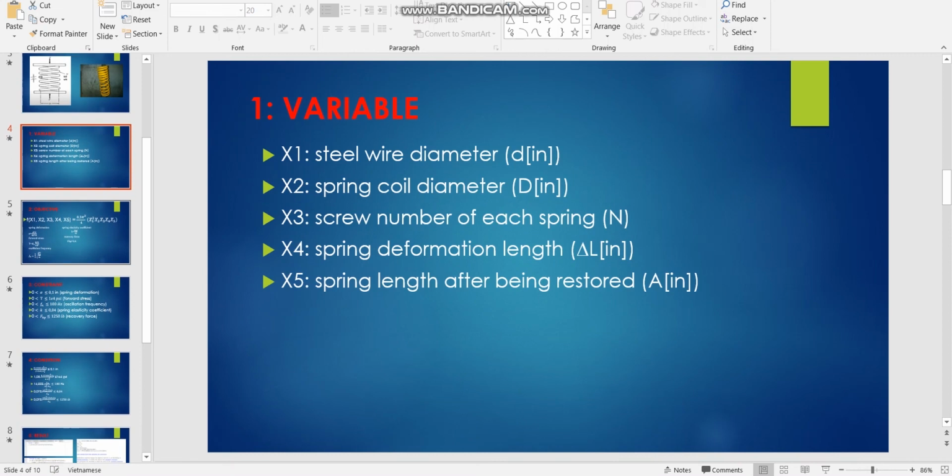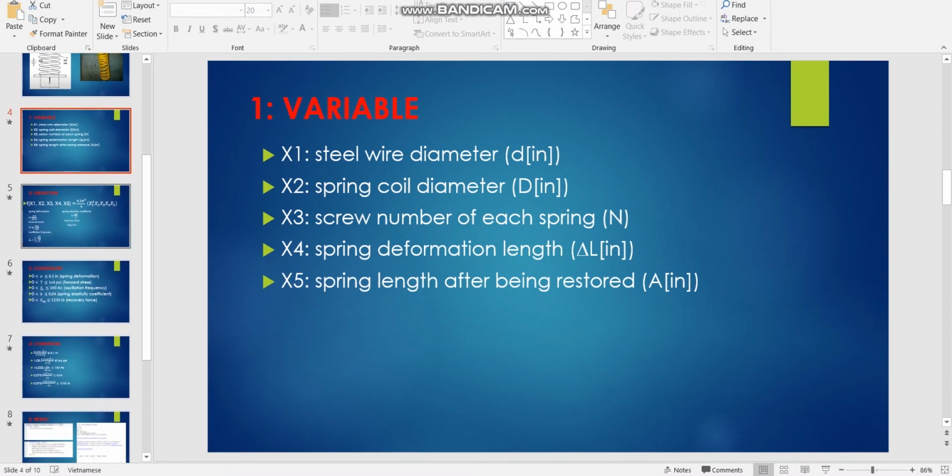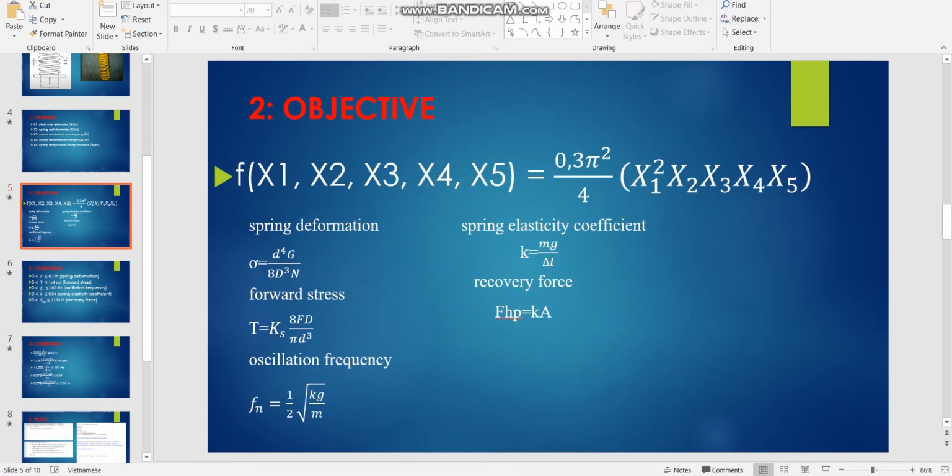The unit is Newton. X4 is spring deformation length. The unit is inch. X5 is spring length after being restored. The unit is inch. And to continue, Duy Long will present.